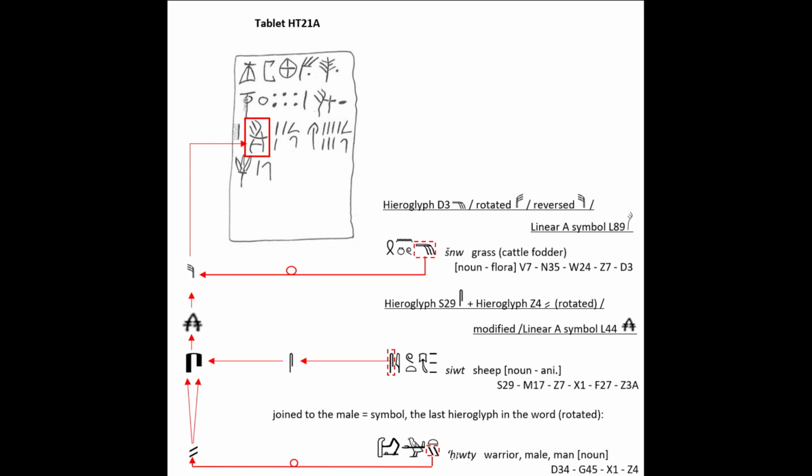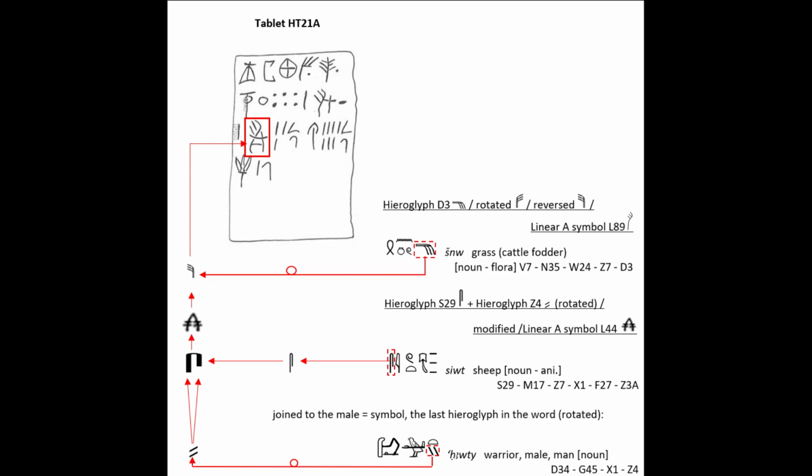And this is the last hieroglyph in the word for male, evidently as an abbreviation using the method of shorthand that we see for that word. It is then added to each arm of hieroglyph S29, the first hieroglyph in the word for sheep. So we have male sheep represented by what has become linear A symbol L44.